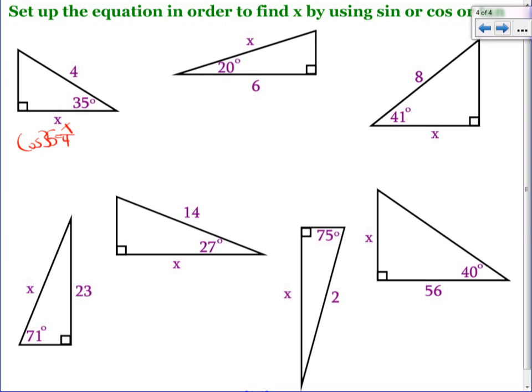So all I want is the initial equation. Make sure you got your equal sign in there.